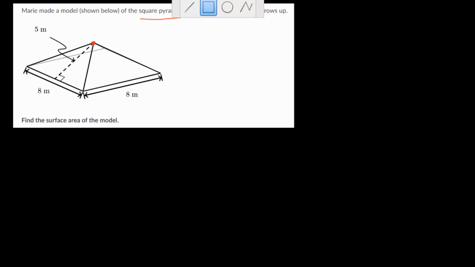But let me draw another picture of this square pyramid just so that we can get a little bit different perspective, because again, it's hard to see two of the faces here. With this picture, it's not drawn exactly like this, and the lengths are going to be different, but you can at least see that there are four different triangular faces.